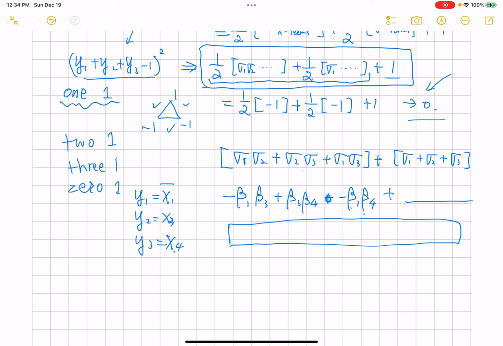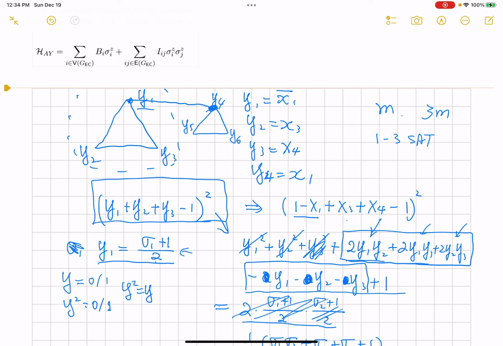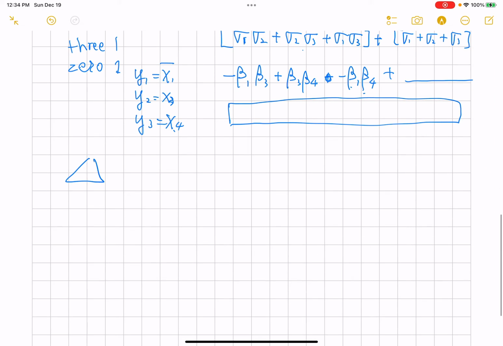You have another triangle, you have another set of terms just like that. And in the end, you're going to collect terms. So suppose I have triangles where I have twice this happening. Let me give you a different example here. I have two triangles. Both of them have x1 and x2. Let's say the first triangle has x5, the next triangle has x6, right?